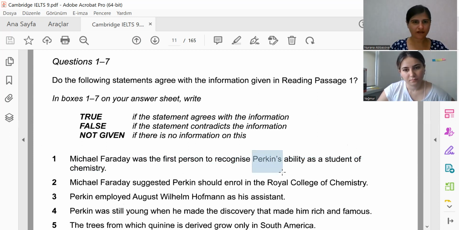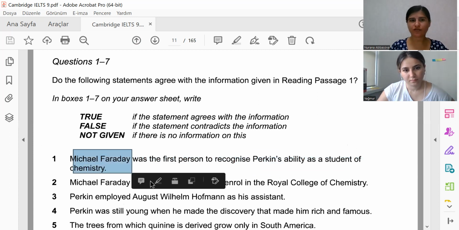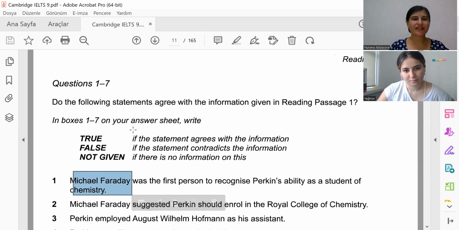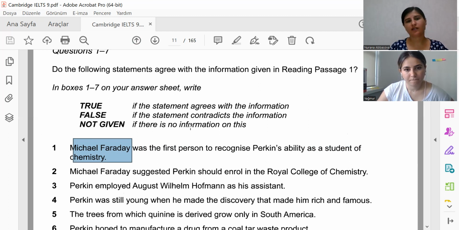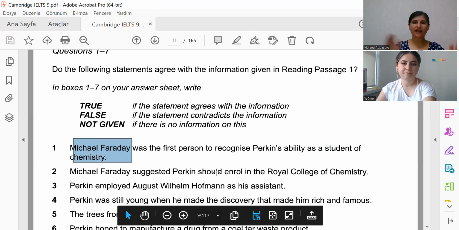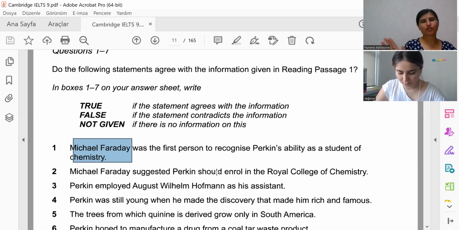Perkin, Michael Faraday is very easy to find because they start with capital letters, and Faraday, you will find it. So after underlining keywords, you go to the text, find this information in the text. If you find exactly the same information, it is true. If it contradicts, false. If no information or half of the information, not given. So at the end, you transfer your answers to the answer sheet, but it's another story. We will talk about it later.